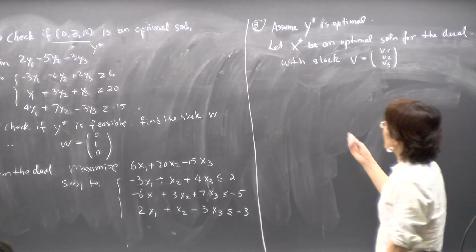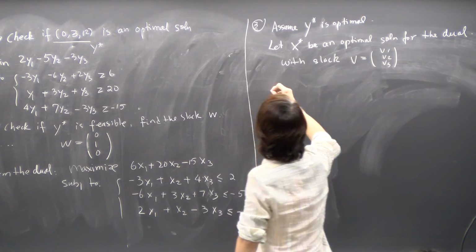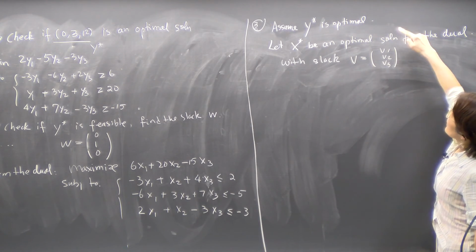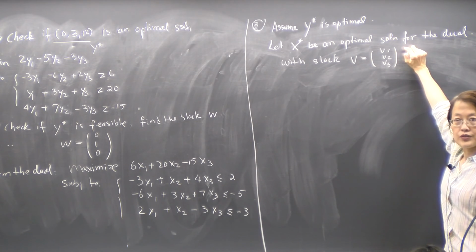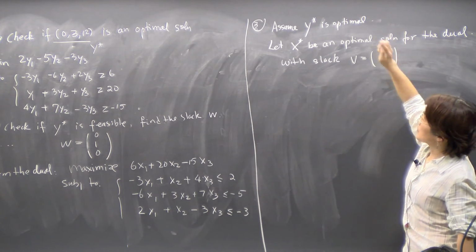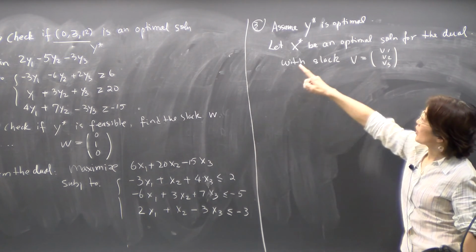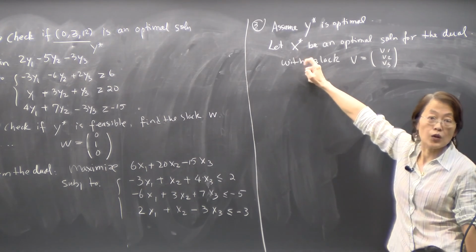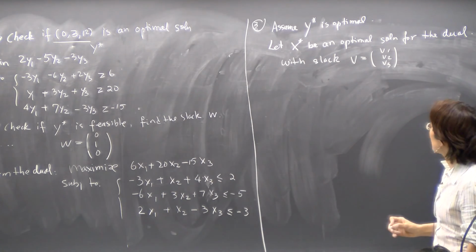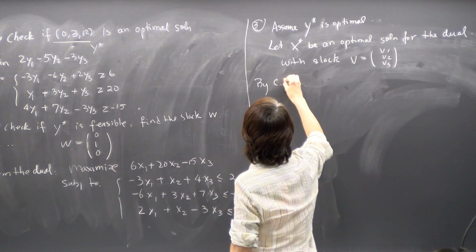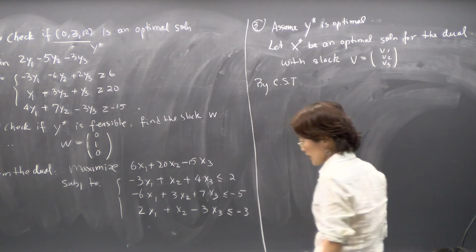Okay, and then we apply the theorem. Here you actually applied the duality theorem, didn't you? You assume that this is optimal. By the duality theorem, the dual problem will have an optimal solution as well. Otherwise, you cannot claim that this is the optimal, right? So you use that. Okay, and now we use the complementary slackness theorem.